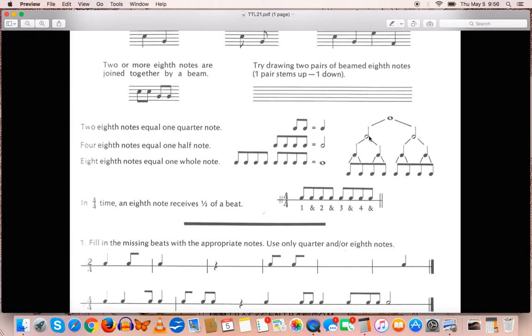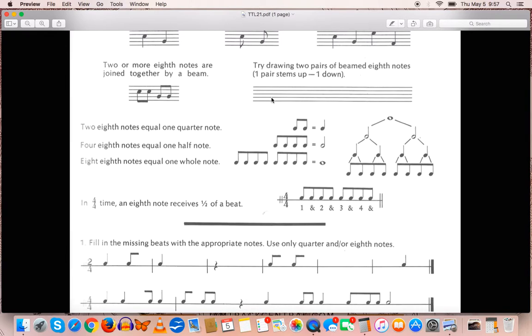All right, and divisions of the whole note are what you see here. So two half notes, okay, that's what they look like. And you divide a half note in half, you get quarter notes. Okay, so two quarter notes per one half. And then you divide quarter notes in half, you get eighth notes. So you have whole, half, quarter, eighth, 16th is going to be next, but that's a different lesson. Okay, so I really like this diagram. That really helps to show you what the pattern is here.